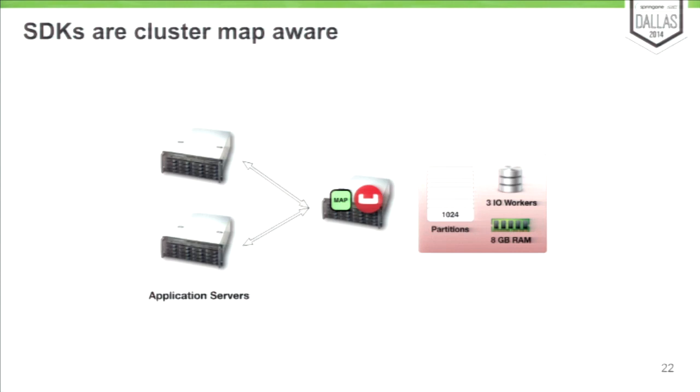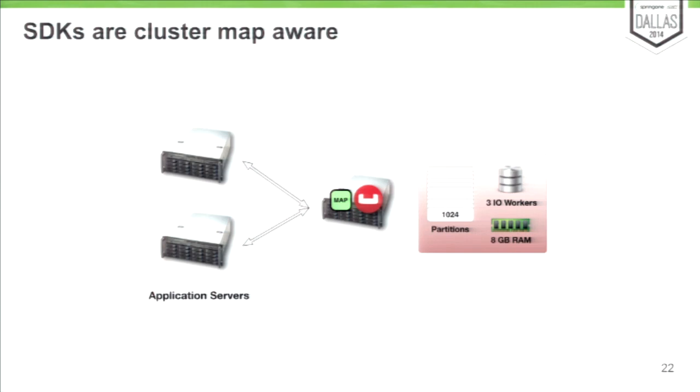As I mentioned briefly, our client SDKs, and we have a lot of those, are cluster map aware. So if you instantiate a new Couchbase client from your application server, and you add and remove nodes or fail over nodes from the cluster, you never need to restart the application server, because the SDK picks up new configuration information from the server and reacts accordingly.